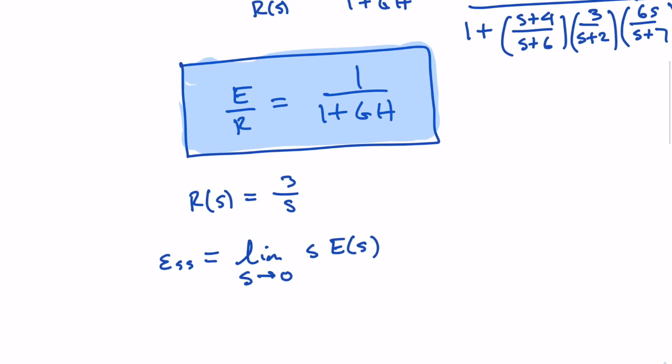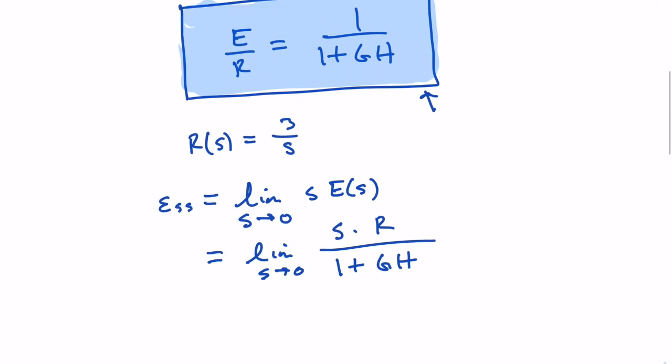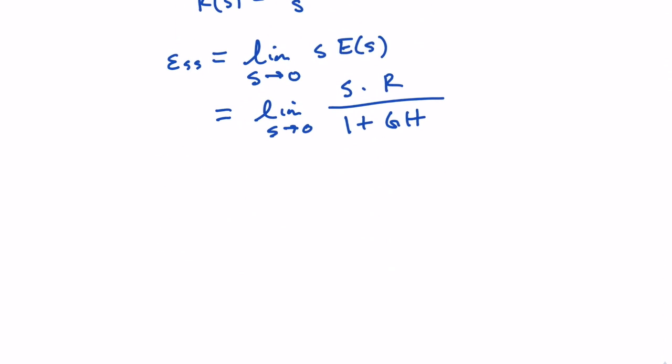Plugging this in, we know that E of S is going to be S times R over 1 plus GH, and we know what R is.